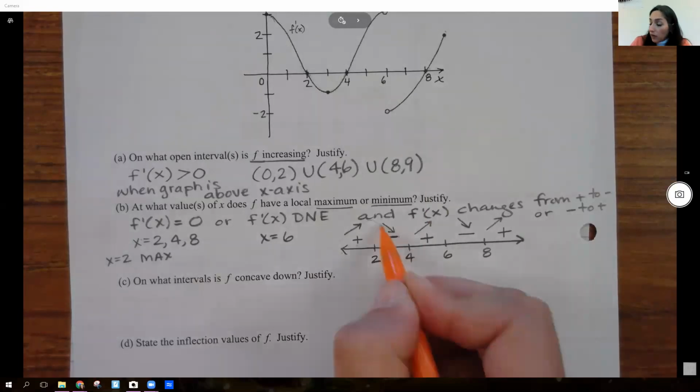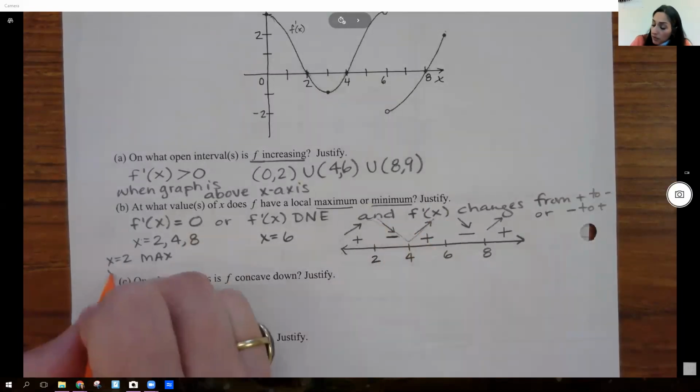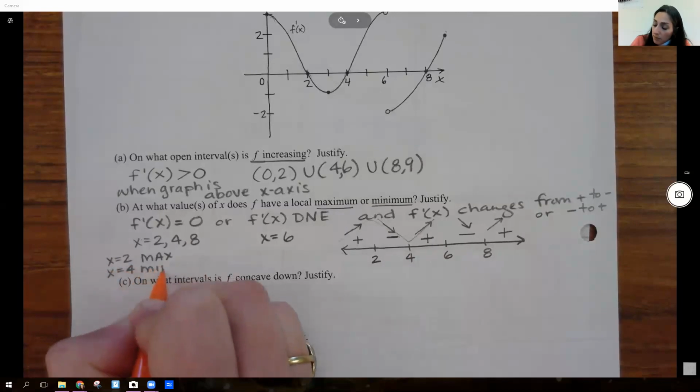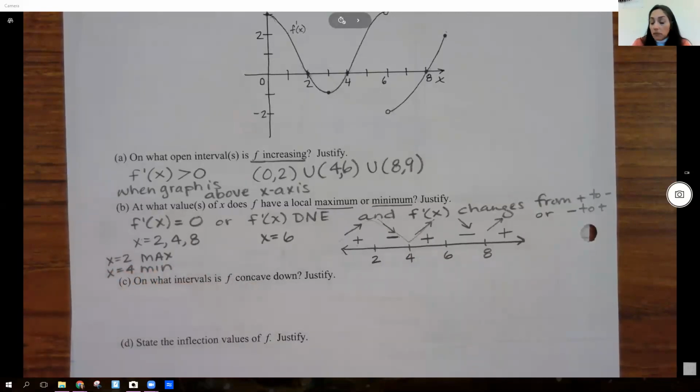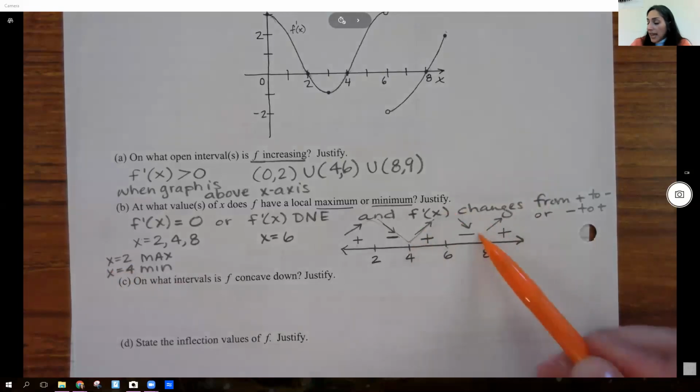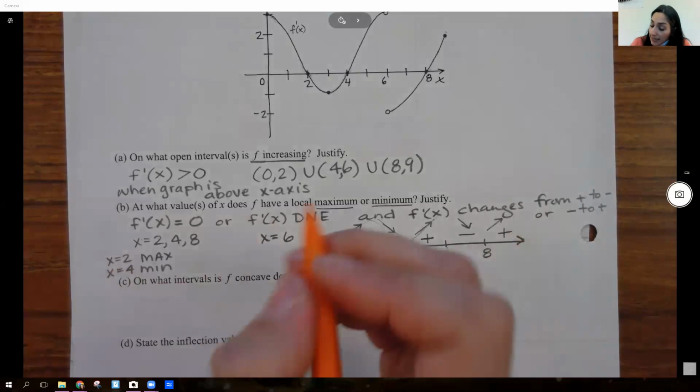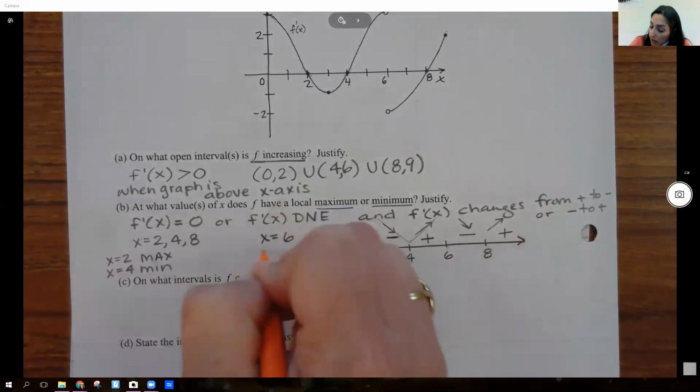At 4, it goes down and then up, so you have a minimum. At 6, it goes up and it goes down. So at 6, you have a maximum.